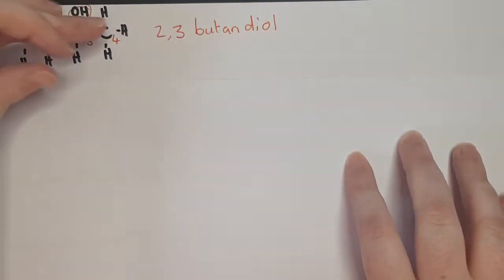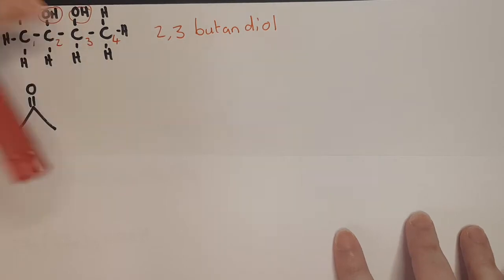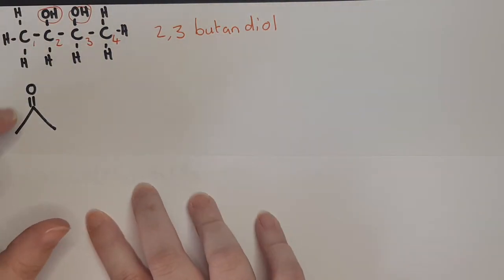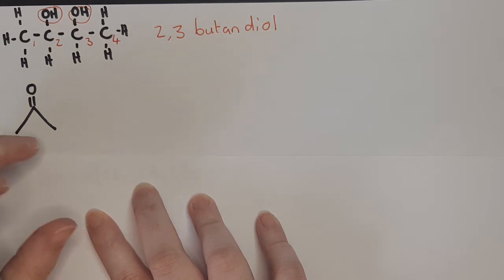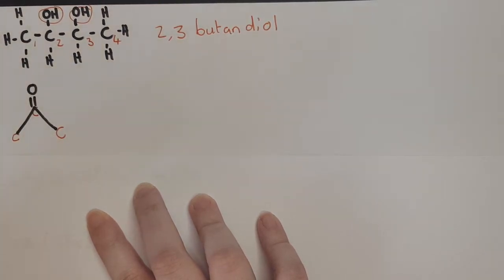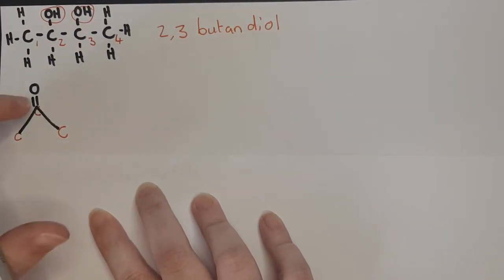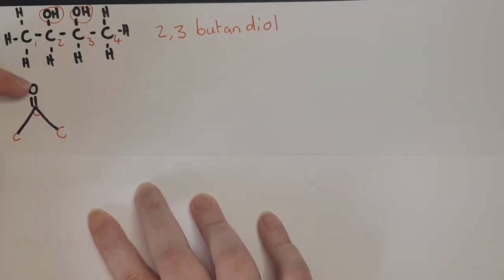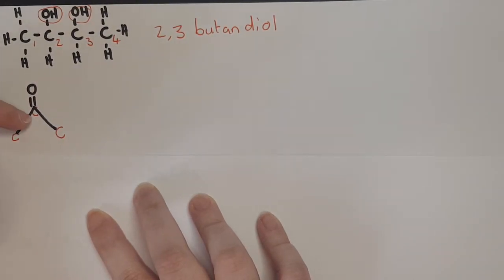Okay, so if we look now at something like the skeletal formula. So remember, each point in the skeletal is a carbon. So here is a carbon, here is a carbon, here is a carbon. Okay, so I have 1, 2, 3 carbons. I can see that this is a double bonded oxygen to that middle carbon, which means it's going to be a ketone.